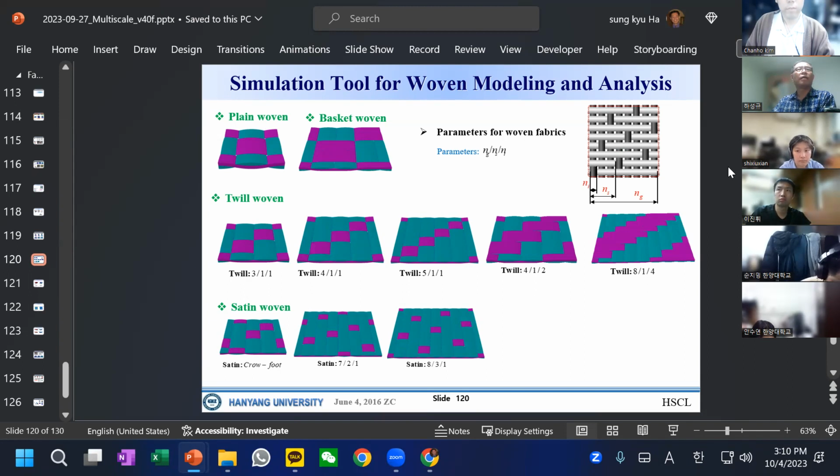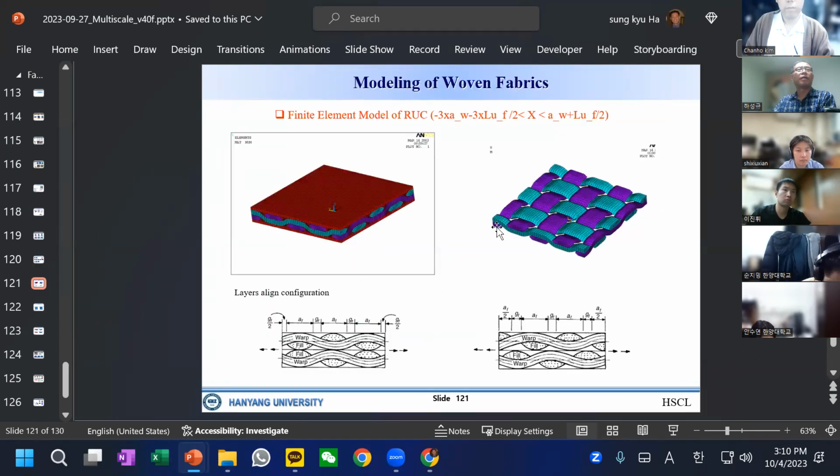Okay, and then what I'd like to show here is the simulation using these models with all the warp and weft.